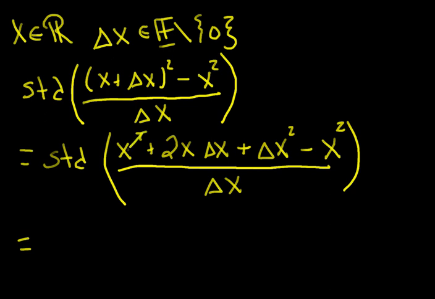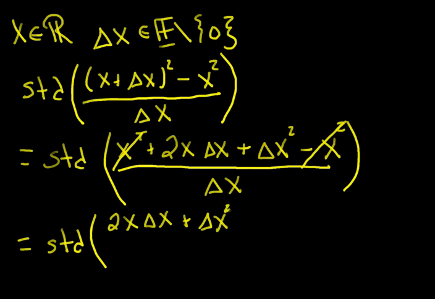So we get some canceling there. That's the only thing that cancels, so I get the standard part of 2x delta x plus delta x squared divided by delta x. And now notice that I've got delta x's in both of my terms on the top and in my term on the bottom. And so I can do some simplifying. This delta x will cancel with this one and reduces this power down by 1.